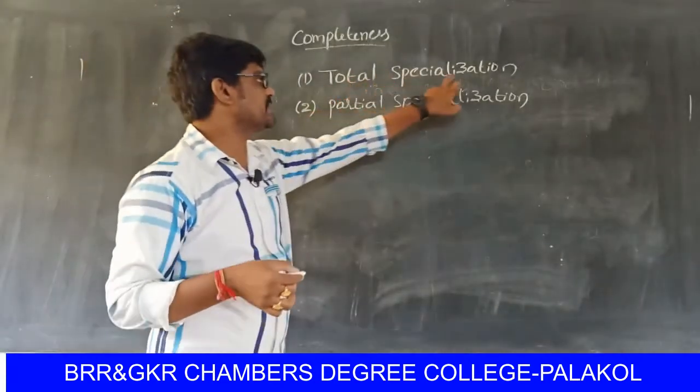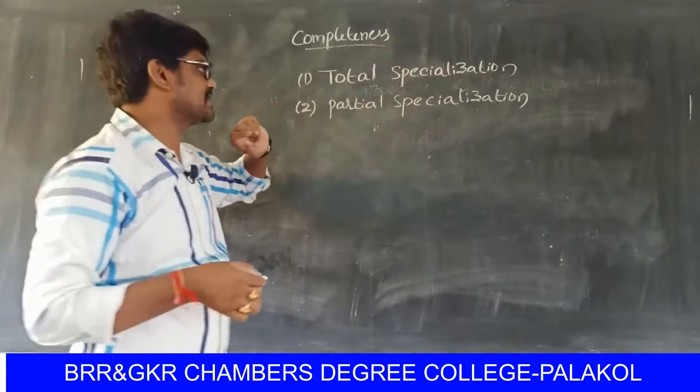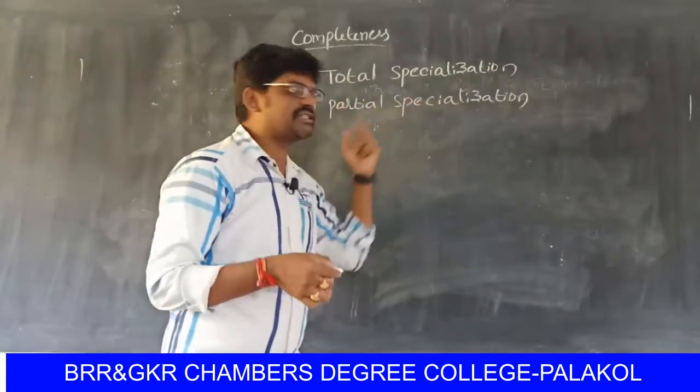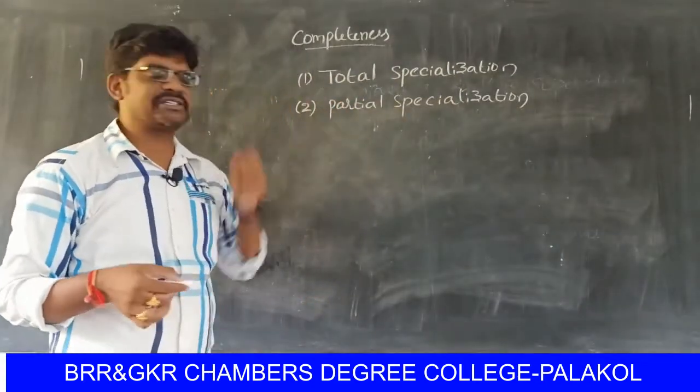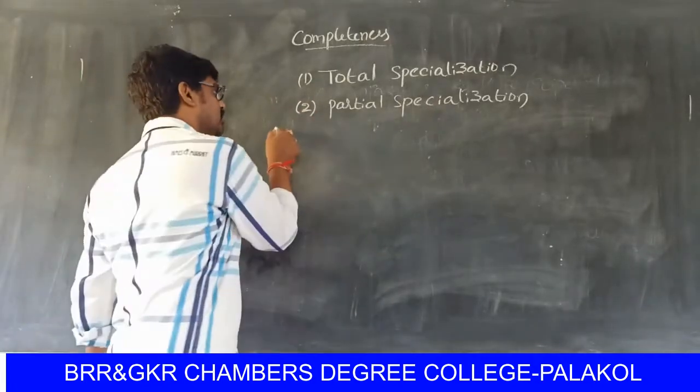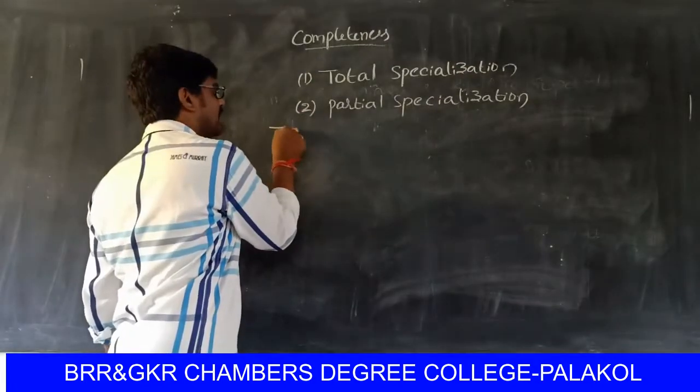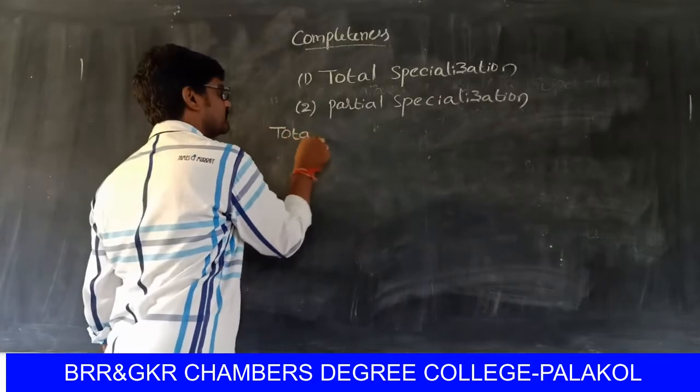One is total specialization, or total completeness constraint, and the other is partial specialization. So first one, total specialization. What is total specialization?